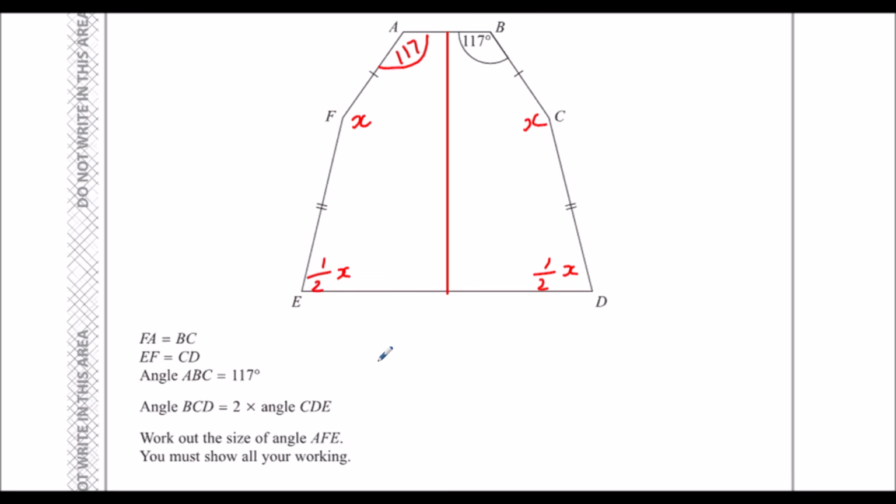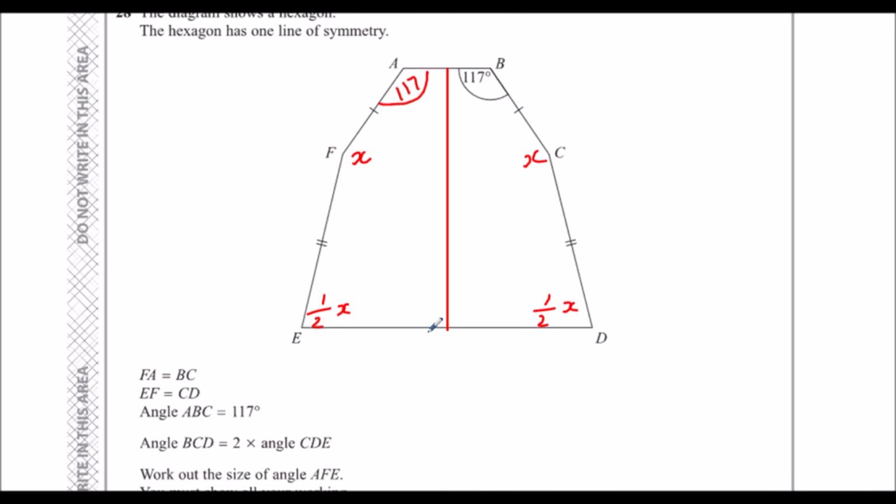So we've got the angles in a hexagon. What do the angles in a hexagon add up to? There are 6 sides. So we have n minus 2 times 180. This tells us the angle sum of any shape.